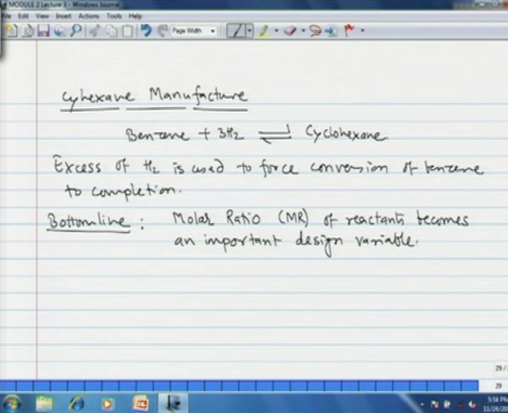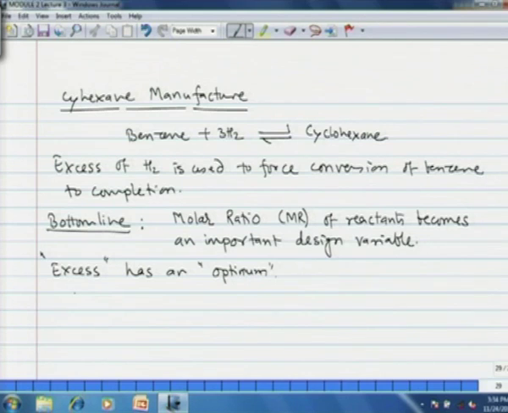As we pointed out earlier in this lecture, the excess has an optimum. You have certain beneficial effects of using excess. However, there is always the undesired consequence of recovery and recycle of reactant, and that needs to be considered while finding out the optimum excess.